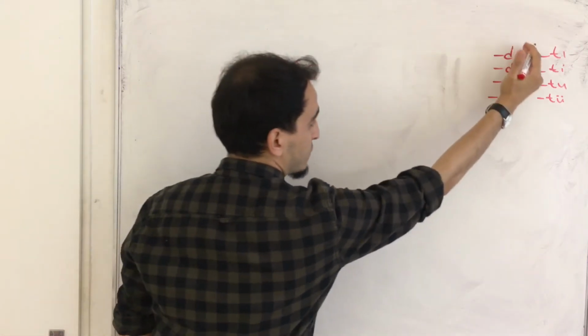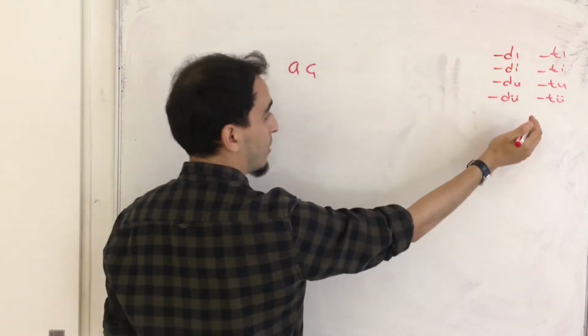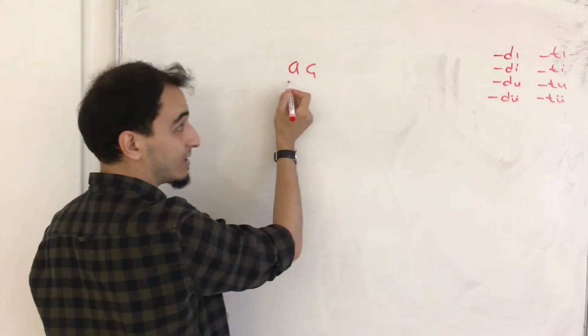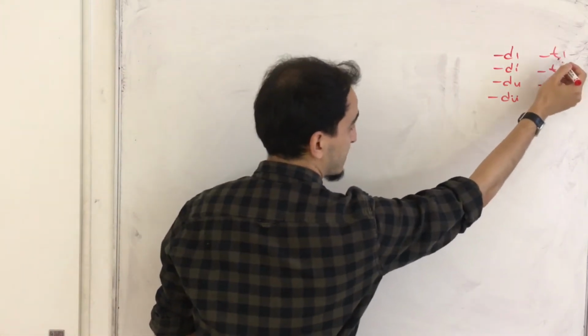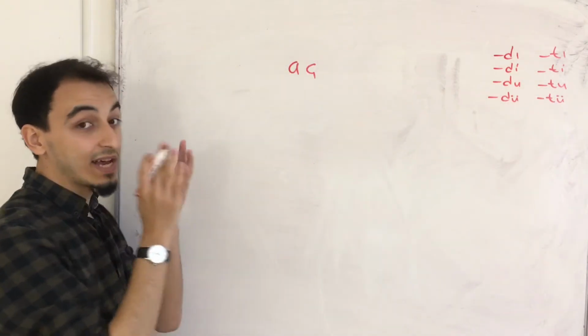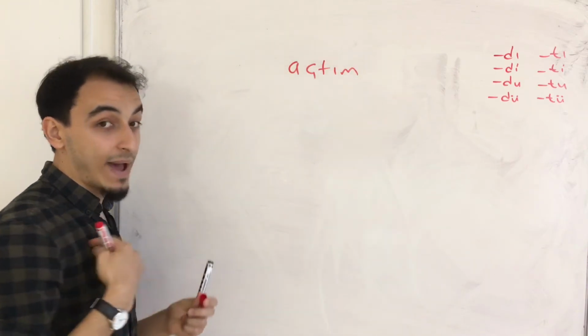So we won't go for this form, but this form. It's not round and it's kalın. So we have two options, ı or u. Of course, ı because it's not round. Açtım. Ben açtım.